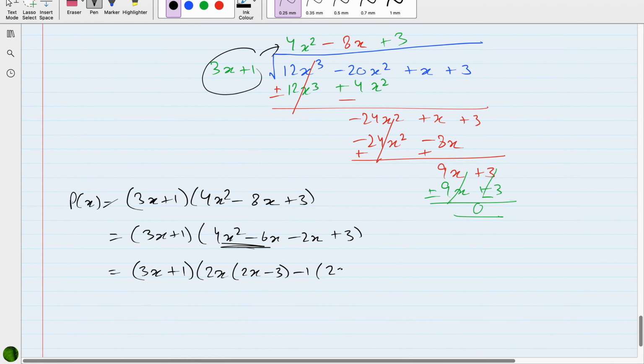Minus 1, left with 2x minus 3. Last step, 3x plus 1 into 2x minus 3, and these two 2x minus 1. So factorized completely.